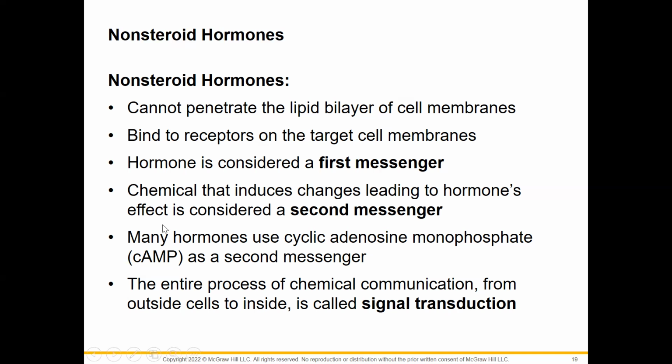For many hormones, that second messenger is called cyclic adenosine monophosphate. You'll see it and hear it as cyclic AMP or cAMP. Occasionally, you may hear somebody call it CAMP, but that is what it is. That is cyclic adenosine monophosphate.